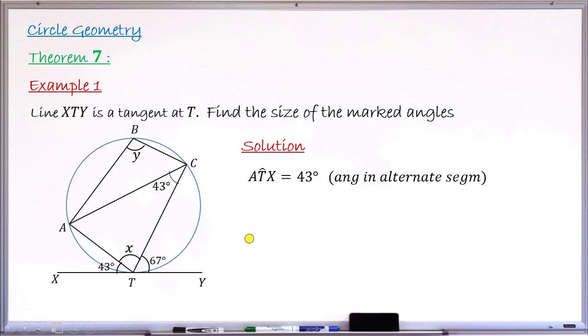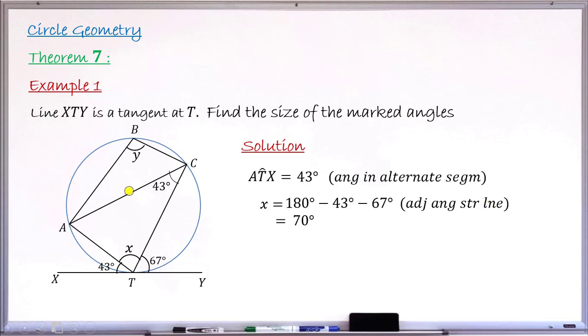So addition of the three angles gives me 180. So I can use that to find x. So x will be equal to 180 minus the two other angles, 43 and 67. Subtracting the two angles correctly gives 70 degrees. And the reason here is the three angles are adjacent angles on a straight line.